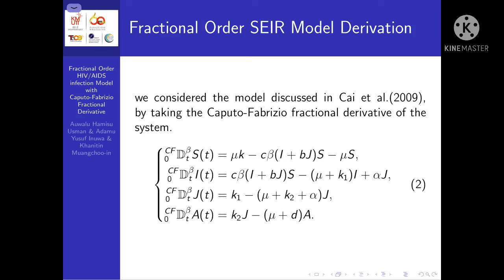We take the KMUTT fractional derivative of the system, going from equation 1 to equation 2 in the form of a KMUTT fractional differential equation.